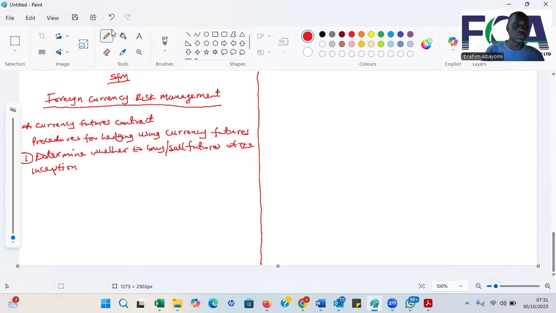That is, when you want to enter into that hedging agreement, you need to be able to decide whether you're actually entering the market by buying or selling futures contracts.